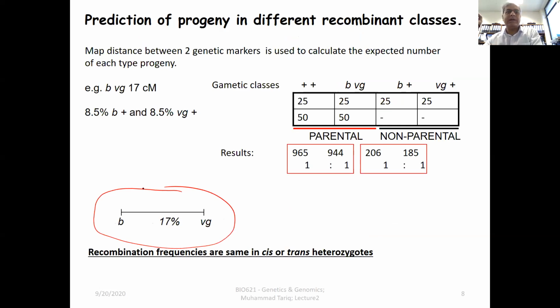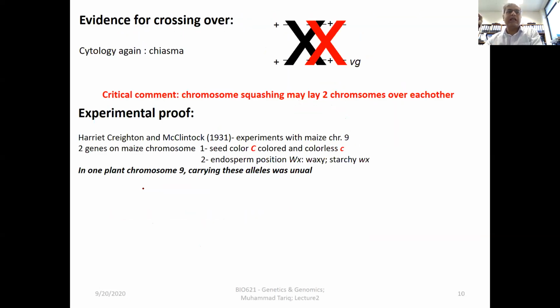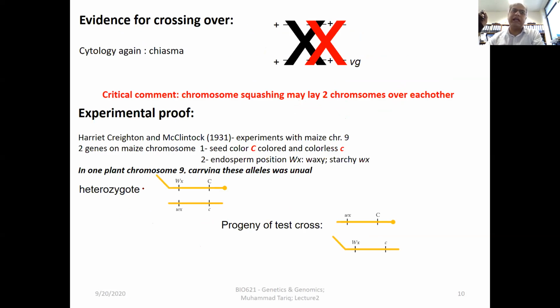Now, we talked about the maize chromosome, that the proof of recombination came later from Barbara McClintock while she was working with Harriet Creighton in maize. I explained that they were using waxy and starchy, two traits.